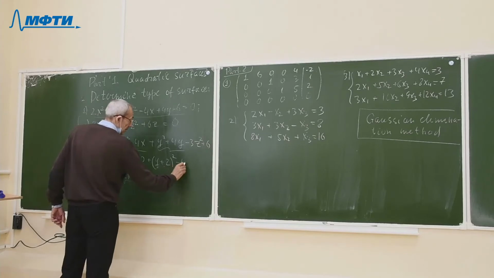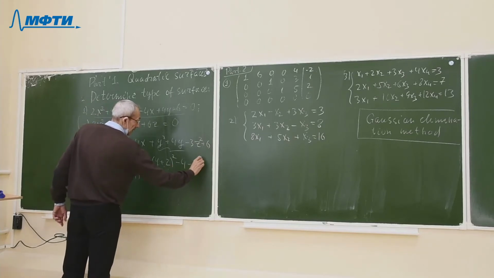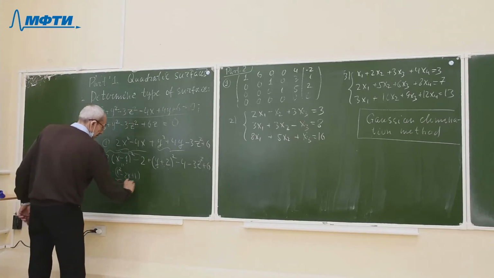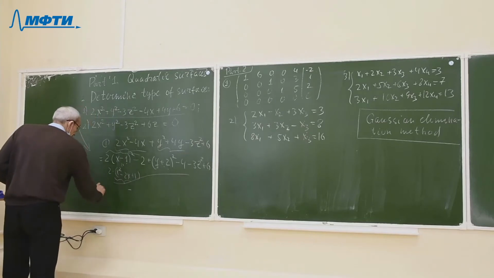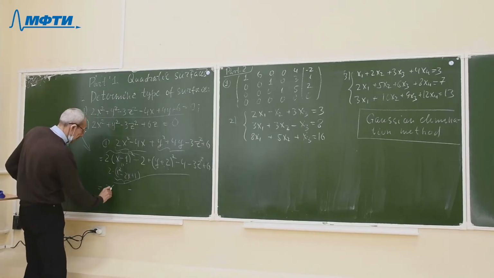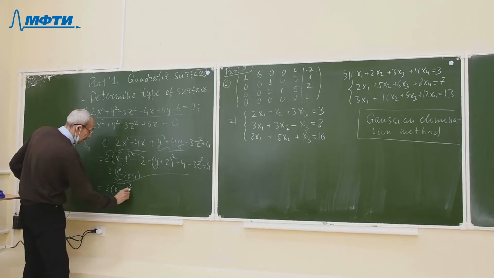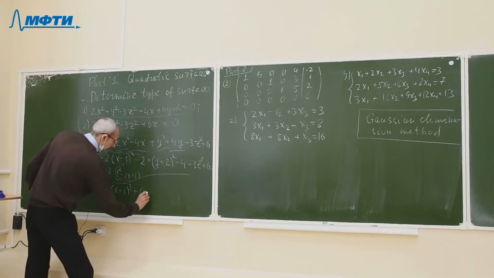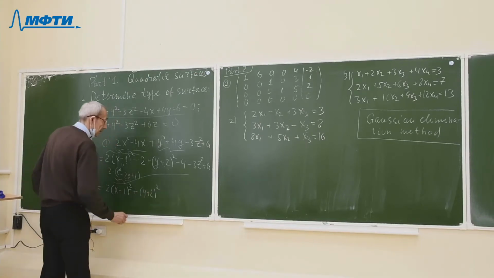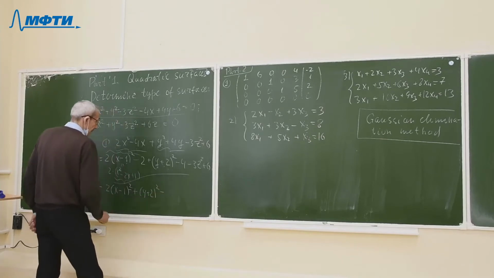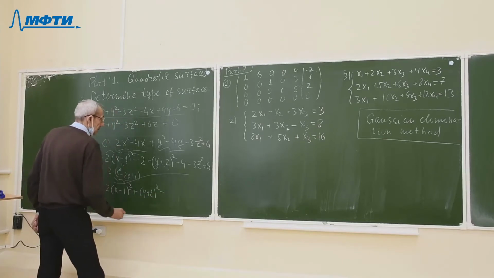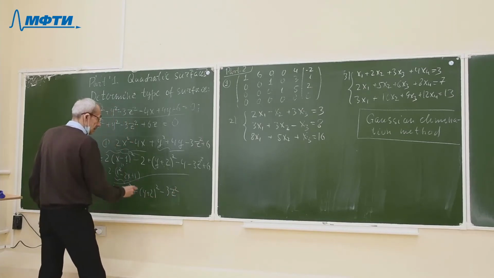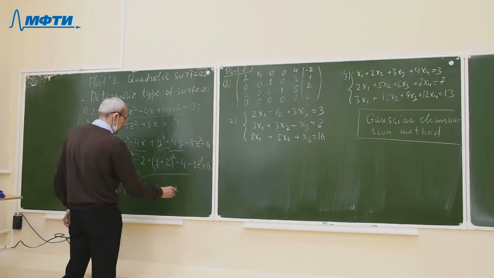We subtract 4 from minus 3z square plus 6, and the final form is equal to 2(x minus 1) square plus (y plus 2) square minus 3z square is equal to 0.